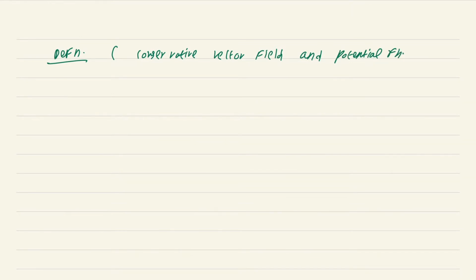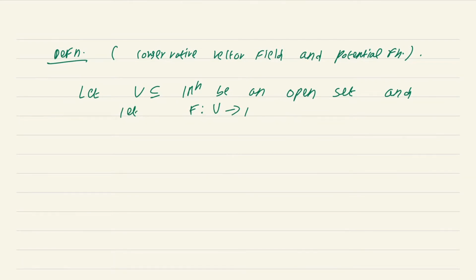So the definitions are as follows. Let U subset of Rn be an open set, and let F from U to Rn be a vector field.